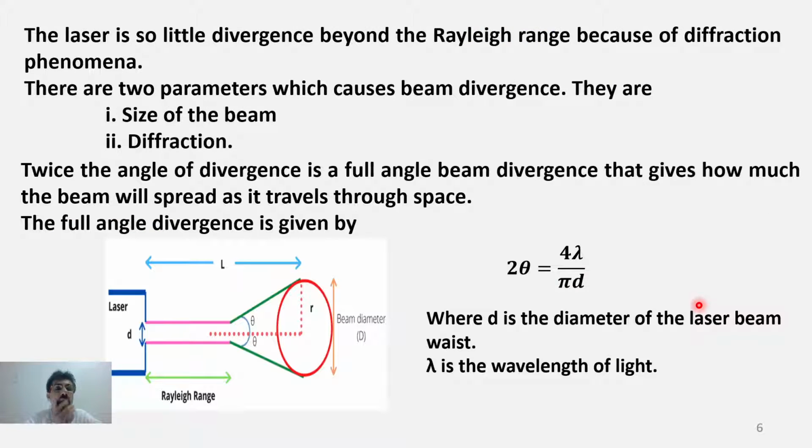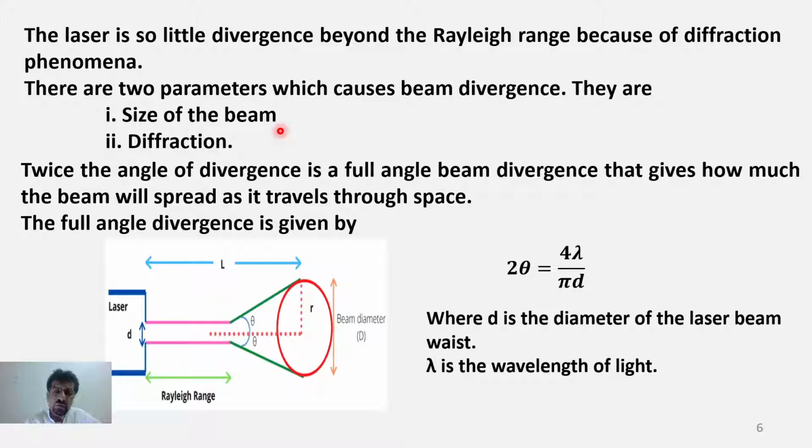Now we can obtain the expression for the divergence here. The laser has so little divergence beyond the Rayleigh range because of the diffraction phenomenon. There are two parameters which cause the divergence. The one is the size of the beam, and second is the diffraction. Students, in SY.B.Sc you have already studied about diffraction.